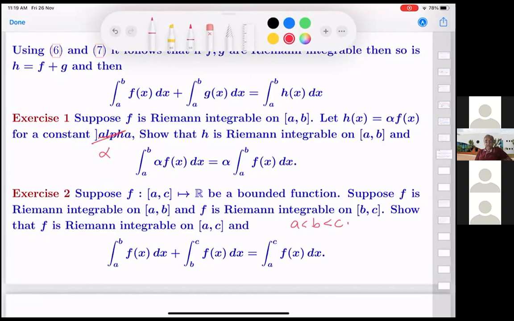Then it is Riemann integrable on A to C, and then the integral on A to C is the sum of the two integrals. And if we connect this integration idea to that of areas, area under the curve, as we had done in the Monday morning or Tuesday's session, then this is almost obvious. But now in our mathematical way of writing, you will be able to argue this.